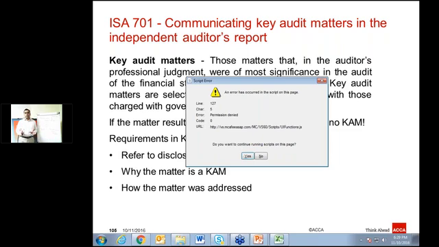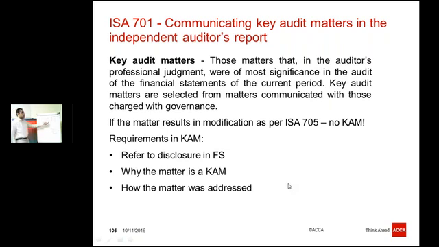It is a closed matter, and hence it cannot be a matter that is unresolved. The example that I had here showed a difference that continued. Considering that this 50 difference was material, I would modify my audit report and opinion. And of course, there will be no key audit matter with regard to this particular area.